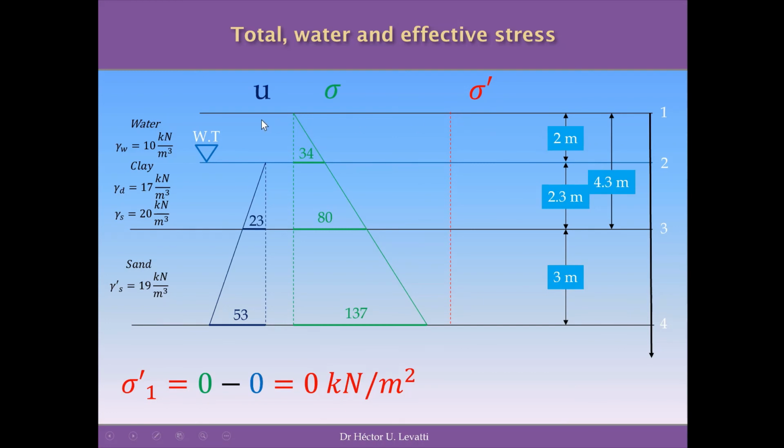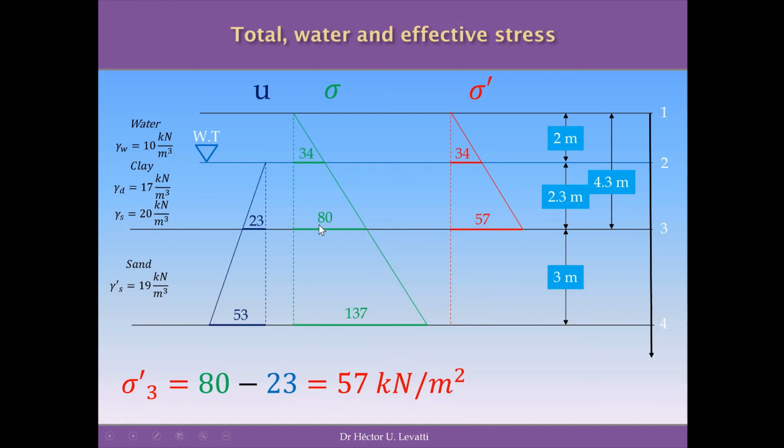For point 1, both the total pressure and the water pressure are equal to 0, so the effective stress will be 0 as well. For point 2, we are in the water table. We have 34 kilonewton per square meter of total stress minus 0 kilonewton per square meter of water pressure. So the effective stress is 34 kilonewton per square meter.